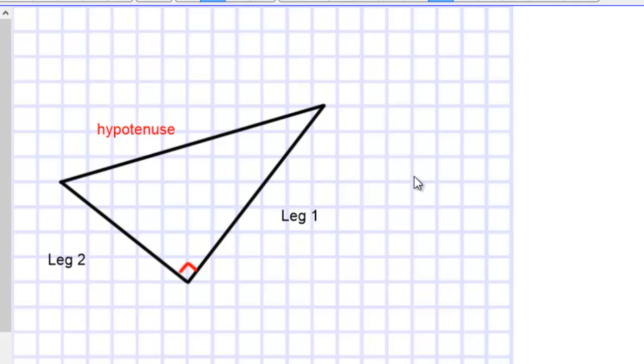So it's clear that the side opposite to the 90 degrees we call the hypotenuse, and the other two sides that form the right angle we call leg 1 and leg 2.